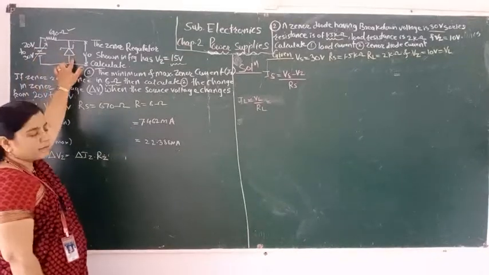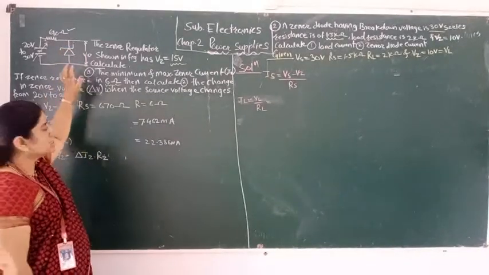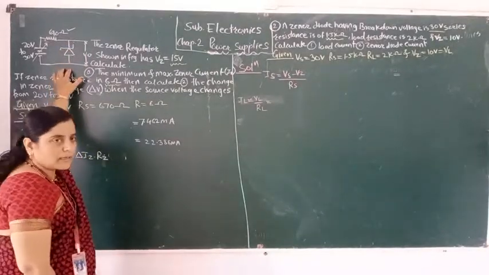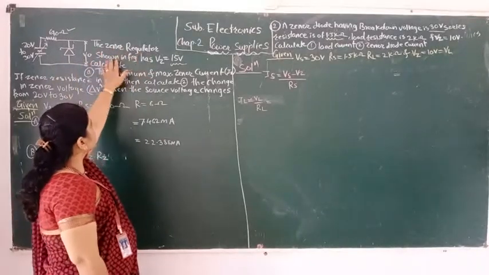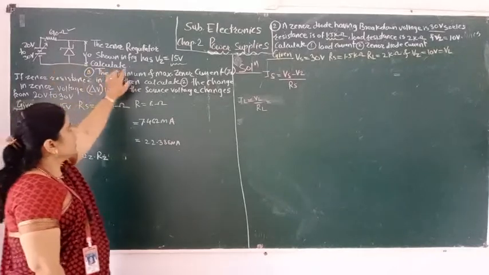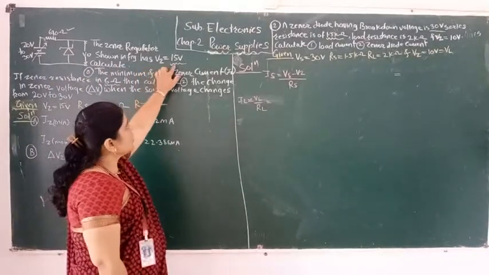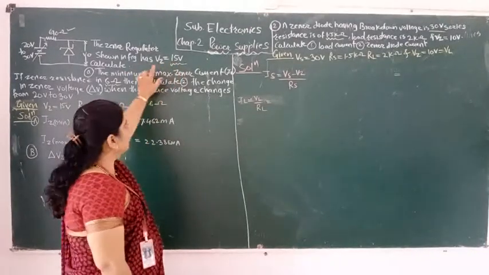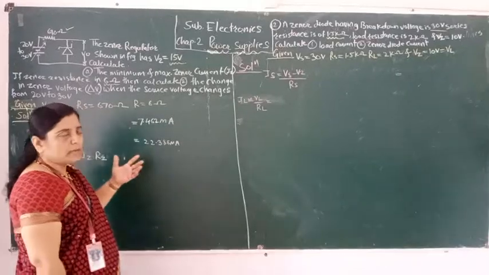Then the Zener diode is connected, and we get the output here. The Zener regulator shown in the figure has Vz, the Zener voltage, of 15 volt.